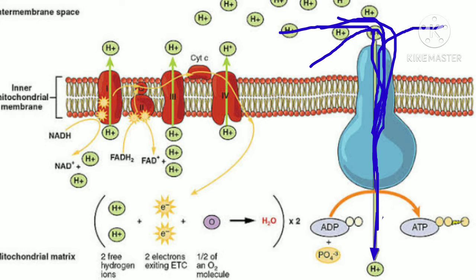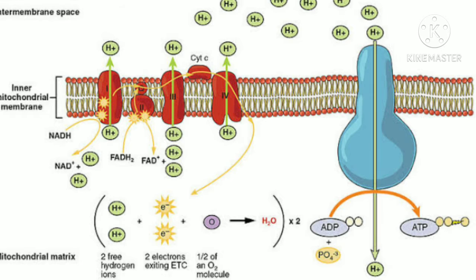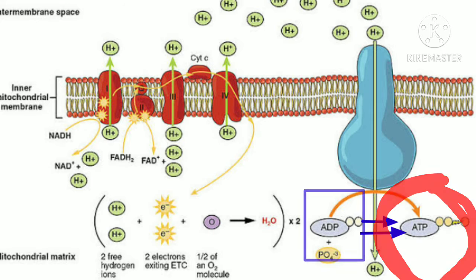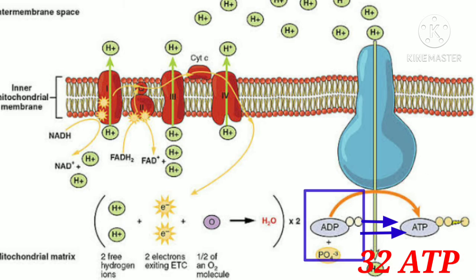Every proton that comes through it, we're going to generate ATP by attaching ADP to it to produce ATP. In the electron transport chain, we are making a lot of ATP, about 32 ATP, compared to the past processes.